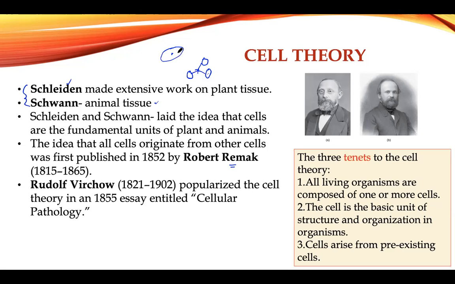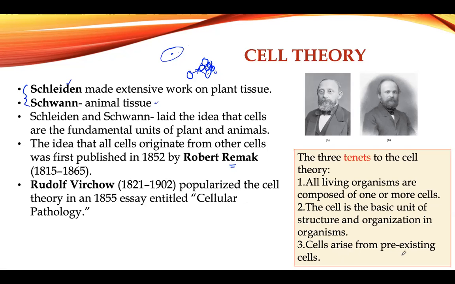So all the characteristic features of a living organism can be fulfilled by just one single individual cell. When the organism is multicellular, all these cells together do whatever is needed to keep that organism alive. Just one single cell is capable of doing all those things. So that's the second tenet of cell theory.